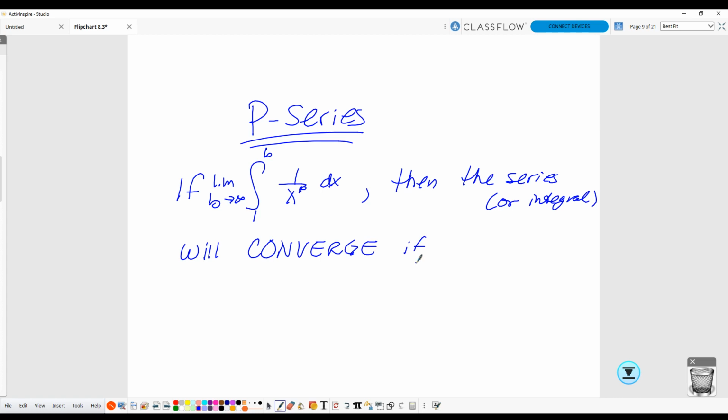What is the exponent, that value of p, going to be if it's going to come to a finite number?